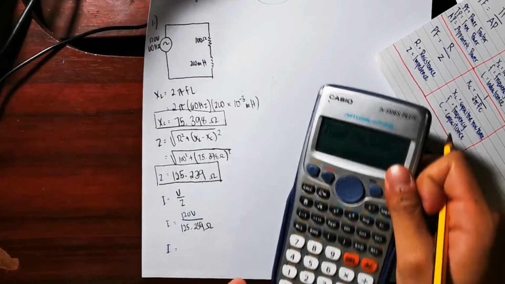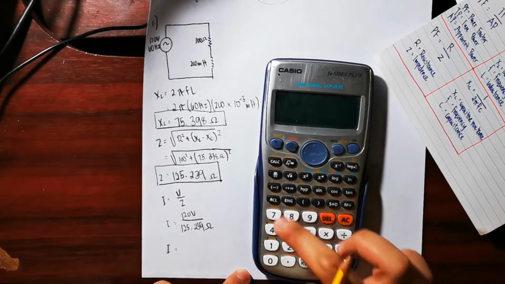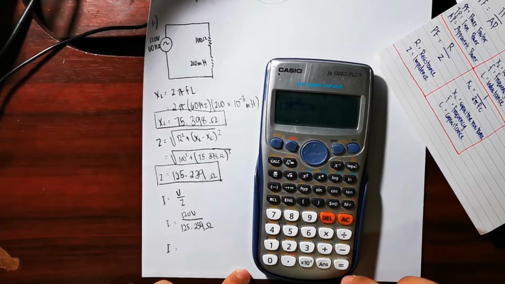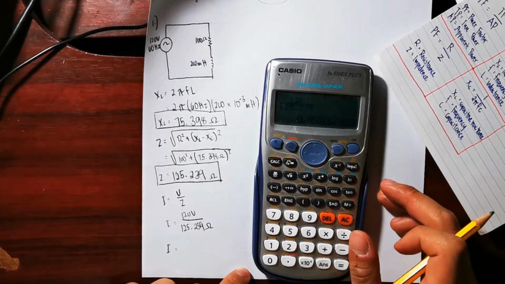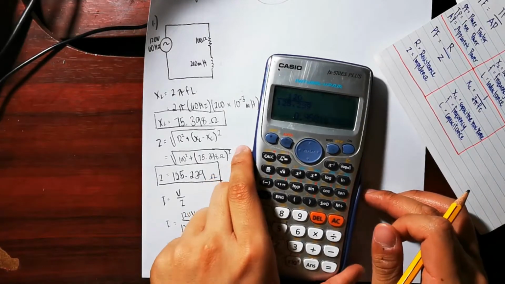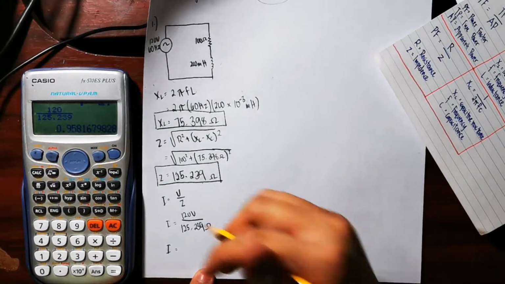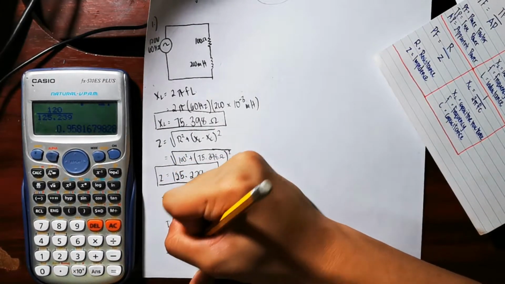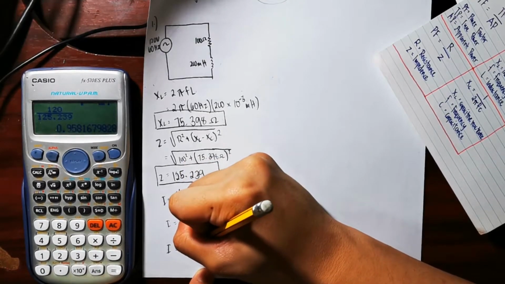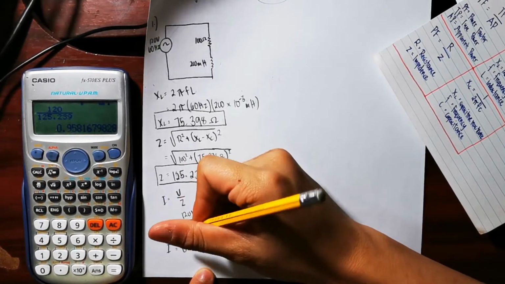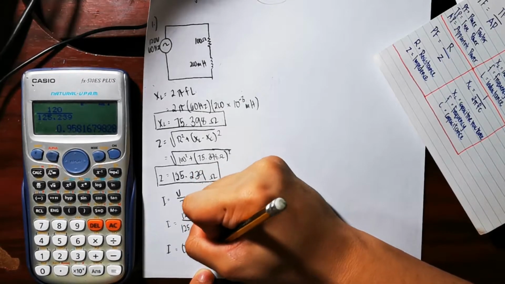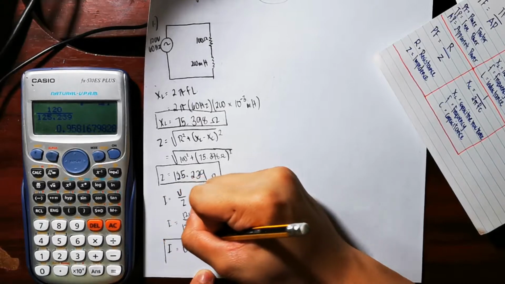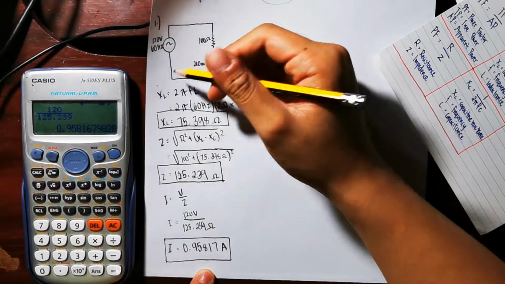If you plug it in a calculator, 120 over 125.239 gives 0.95817 amperes. So this is the current that flows throughout this whole circuit.